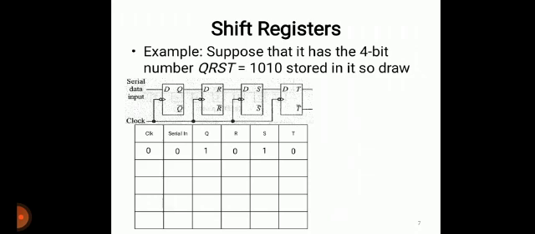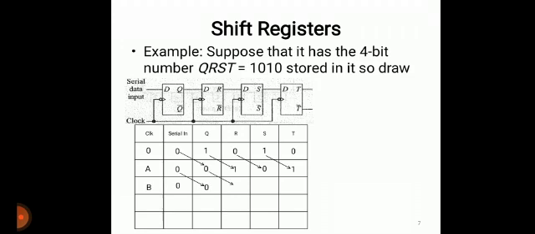So when clock is equal to 0, this was the initial data which I have. When clock is equal to 1, I am giving the data here. So the data which I have previously will be shifted. So 1 will be shifted, 0 will be shifted. When the next clock pulse is applied, then I'll just give the serial input as 0 because I need to shift 1010 which has been given in the question.